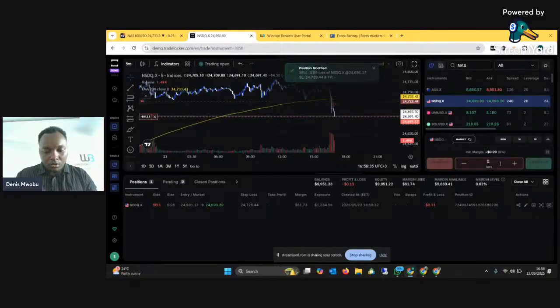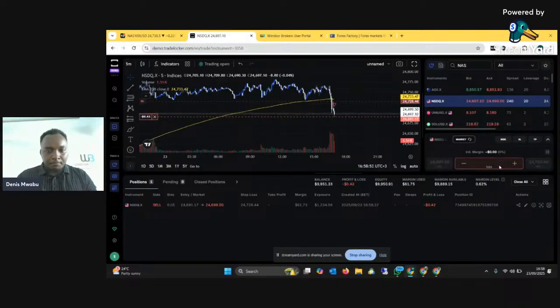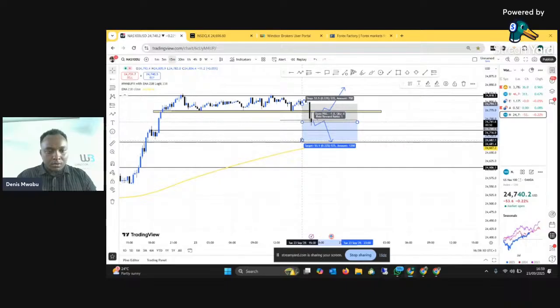That lot size, no. Even if it's a low lot size, the pips that move here are many. It's huge. It's a good way to grow it fast.